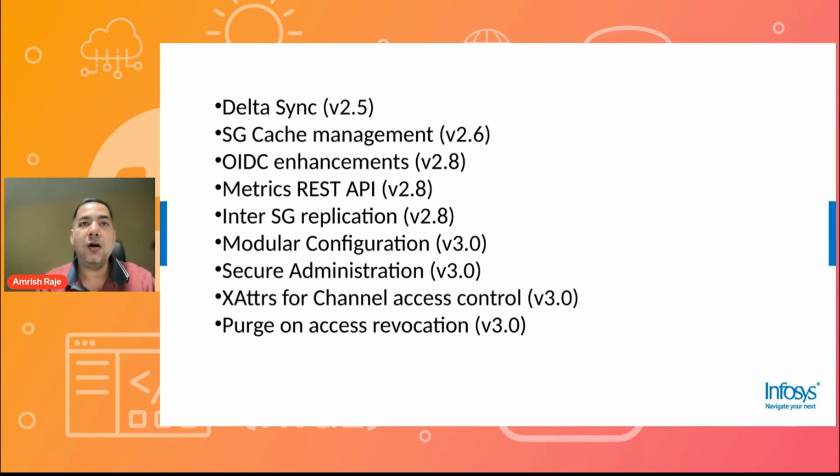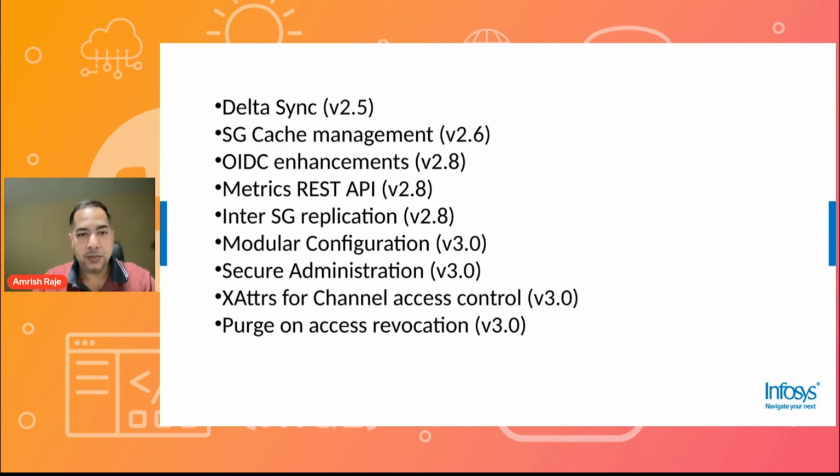Till date, all the configuration that we had in Sync Gateway was in a config file, if you will, that was residing on the virtual machine where Sync Gateway was running. And then if you have multiple Sync Gateways in production, each Sync Gateway was its own thing, and you had to make sure that every Sync Gateway has the right configuration.